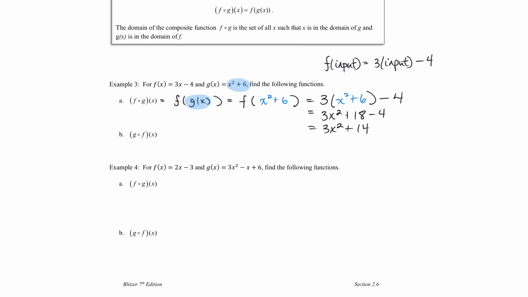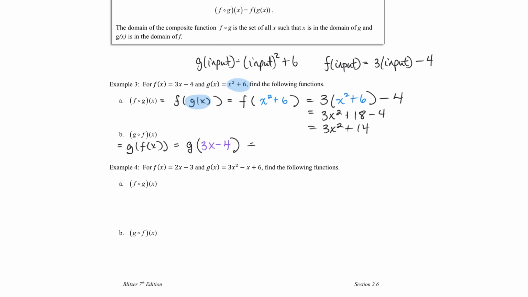Now, if I do it in the opposite direction, g of f of x, this is going to be equal to g of, well, f of x is 3x minus 4. Now, the rule for g of the input, right, is equal to the input squared plus 6.